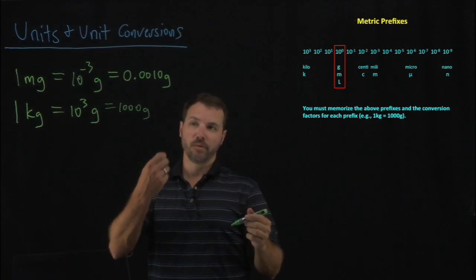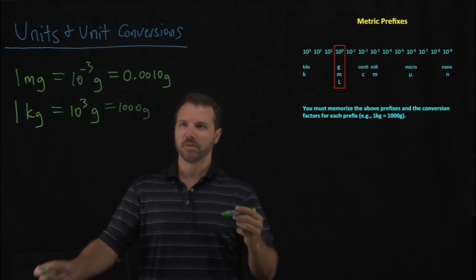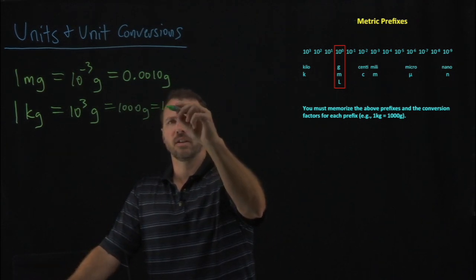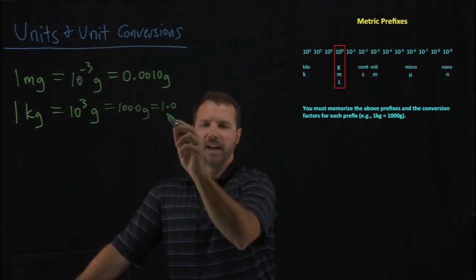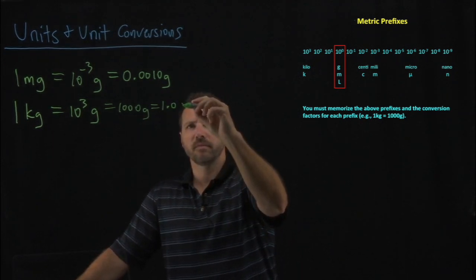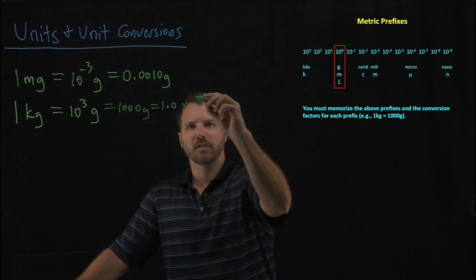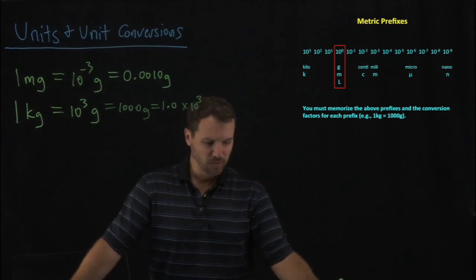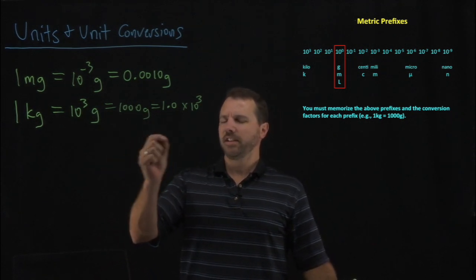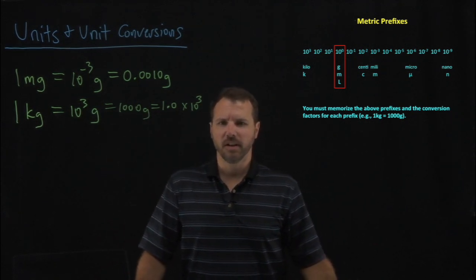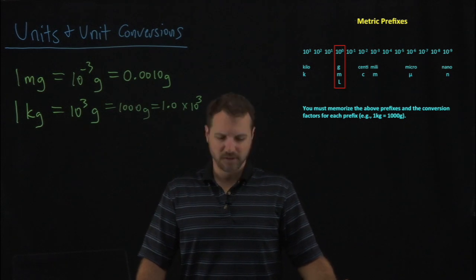And now if we want to express this with a specific number of significant digits, we could put that back into scientific notation, but where we have a number with an exponential power. So it'd be 1.0 times 10 to the third. So hopefully you can see how you're just using these powers of 10 to change the units.